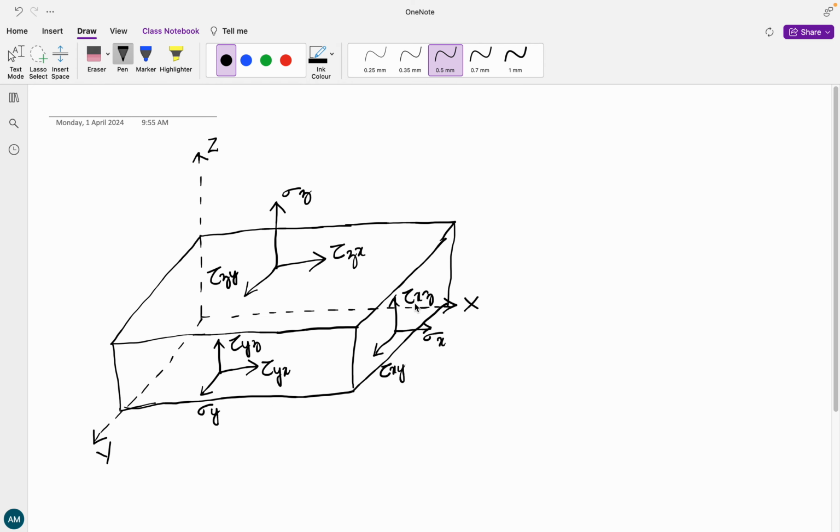Alright. Next it is going to be with respect to the other faces, that is the bottom face, this side face, and then the behind face. I'm going to draw it using dotted lines for the behind faces. So we are going to have sigma y. I'm writing for the behind face now.